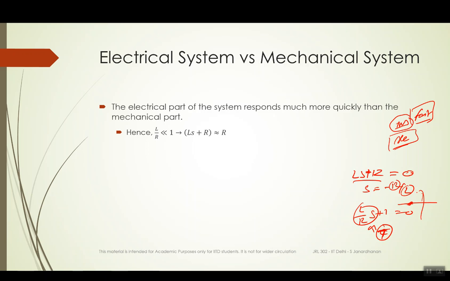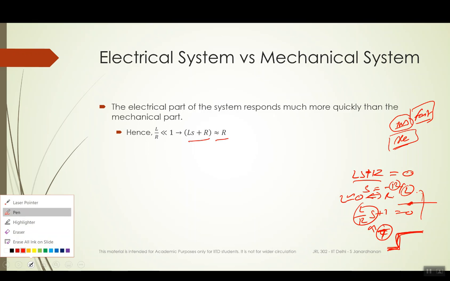So you have an electrical system whose time constant is very small, which means that if I see this system in the time scale of a few seconds, you see a response that is almost instantaneous. So you can ignore this response and say that L is approximately 0 when compared to R. So you can approximate Ls plus R to be approximately equal to just R alone.